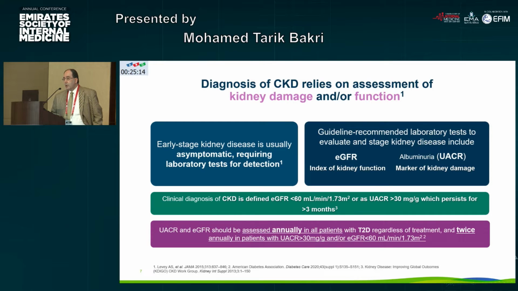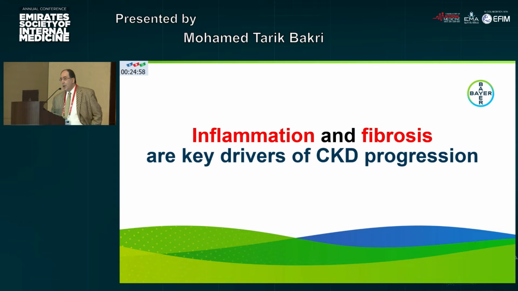For any patient, at least we need to screen once a year, but the minute we have a patient with CKD, we need to start doing it at least twice or 3 times, depending on the level of albuminuria and the GFR reduction.